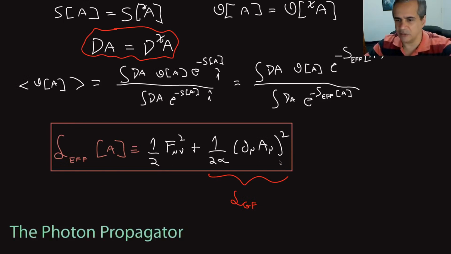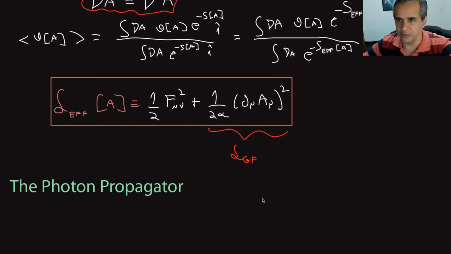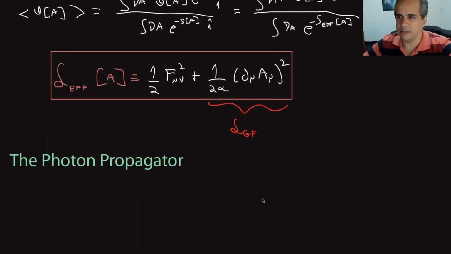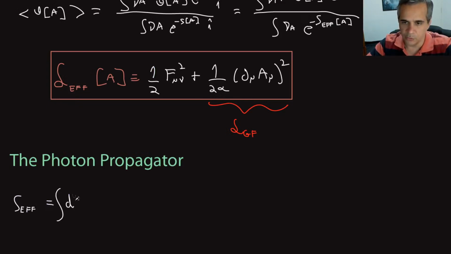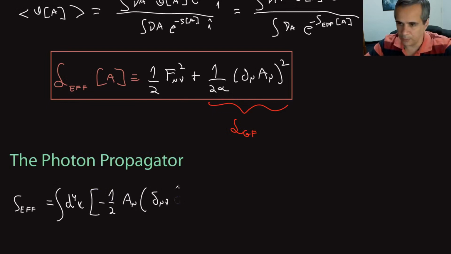Now that we have this Lagrangian, we can go ahead and get the photon propagator. So I can write this effective action, using the effective Lagrangian, and do the integral by parts without too much worries now, since I am in Euclidean space, to rewrite this as minus half of A mu, delta mu nu, the second derivative, del mu del nu, A nu.